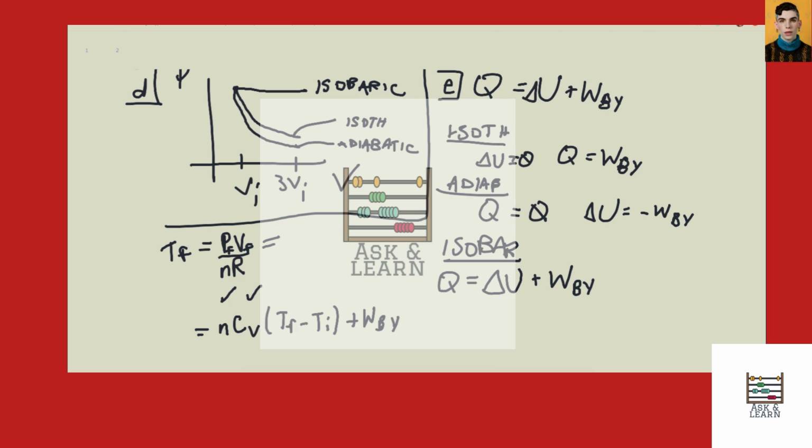P final, let's see, what was it again? So PV over nR. So 3.6 times 10 to the 5 times V final, which is 3 times V initial. And then V initial is nR times 300 divided by 3.6 times 10 to the 5. So that's just going to cancel that.